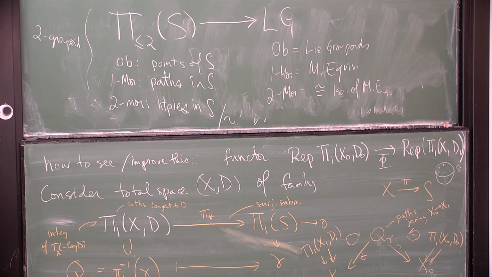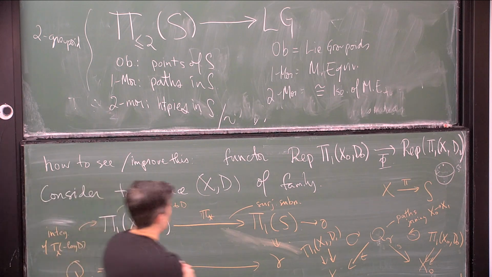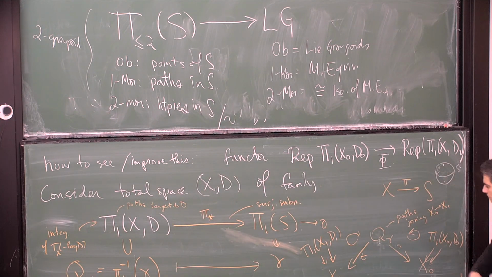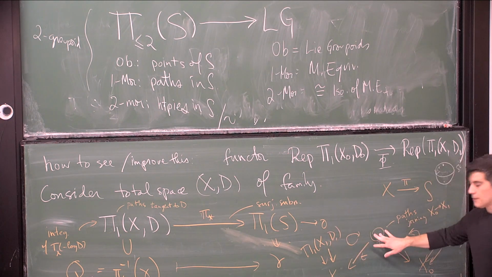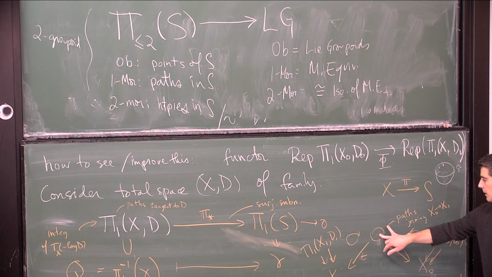So why do you call this functor Morita equivalence? Is there some obvious way that it's similar to a Morita equivalence? Okay, so when you have these groupoids related by these bibundles, the main reason why it would be called Morita equivalence is that it induces an equivalence between the representations.